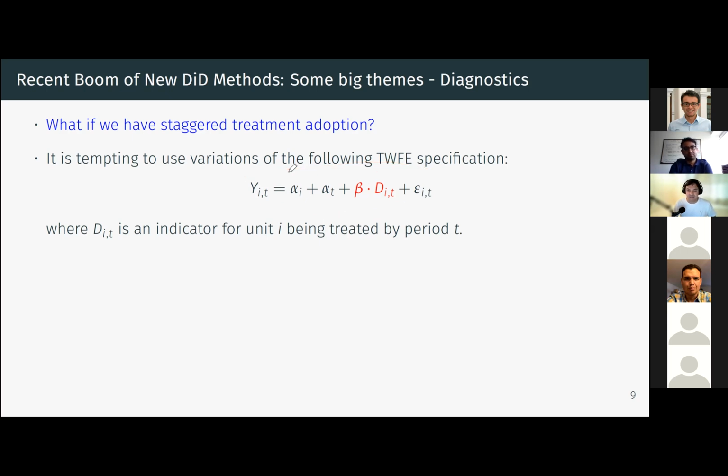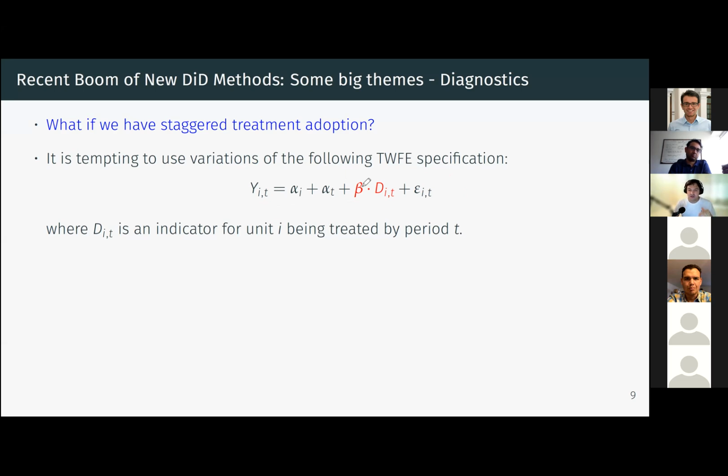So this regression is very natural for us to run. In fact, this has been one of the most popular specifications in the whole empirical literature running DID-type methods. But the question is, first, what is this regression assuming? Staring at this regression, implicitly we assume that all units have the same beta. So there is somehow a homogeneous treatment effect assumption behind the scenes here.